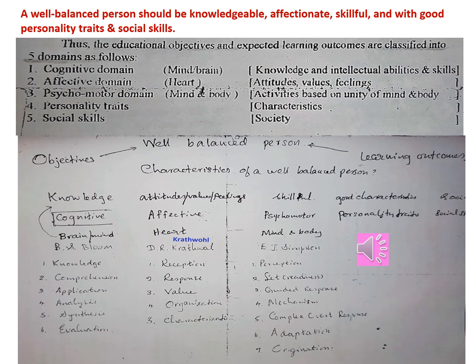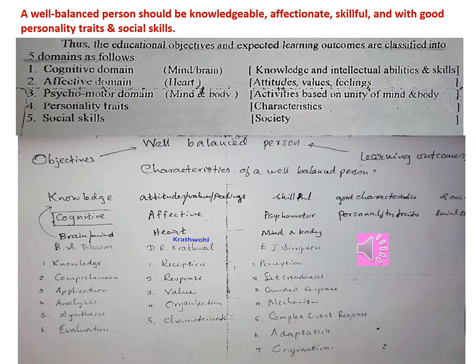Then personality traits. What are personality traits? Individual characteristics, right? Politeness, honesty, punctuality, leadership qualities. Those are individual characteristics. Then social skills. How to respect the others within the group, and how to work cooperatively, like that.